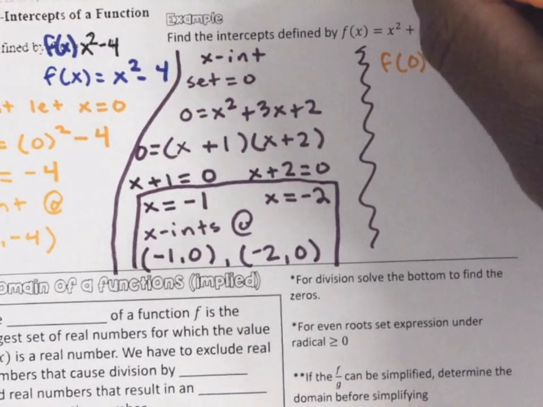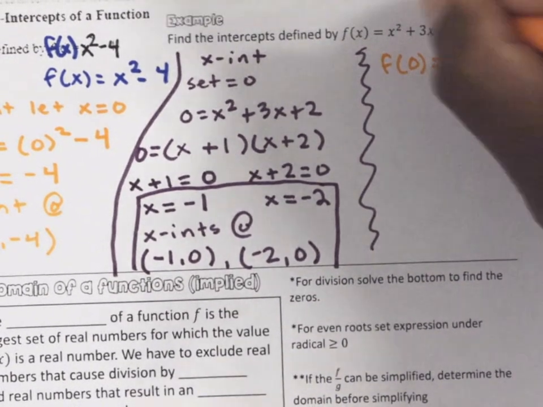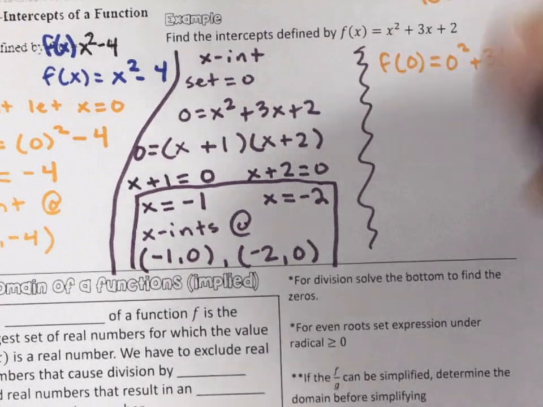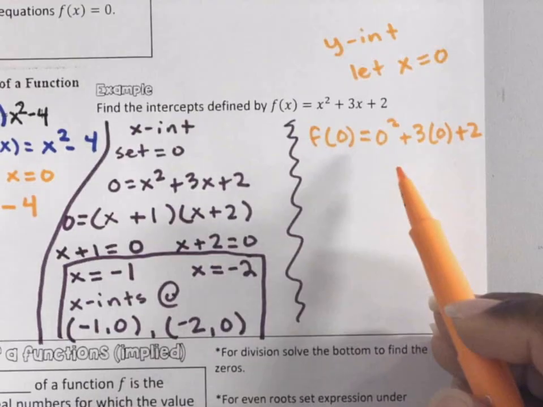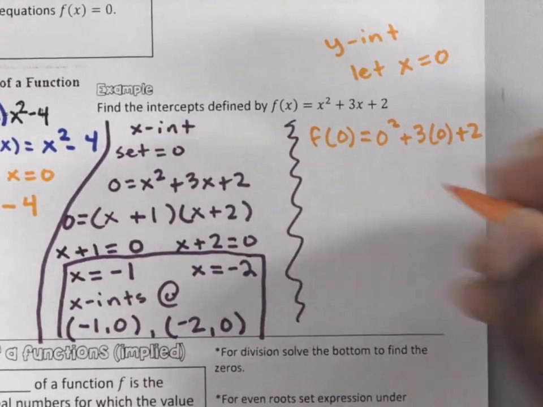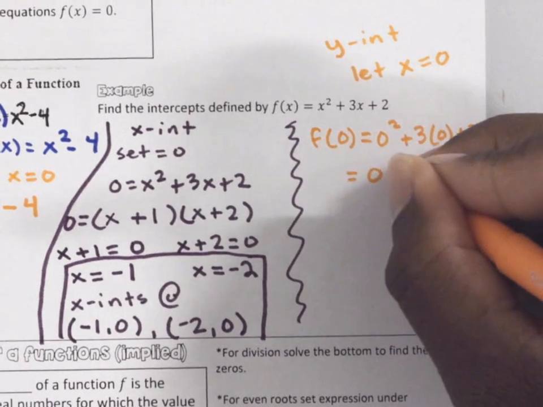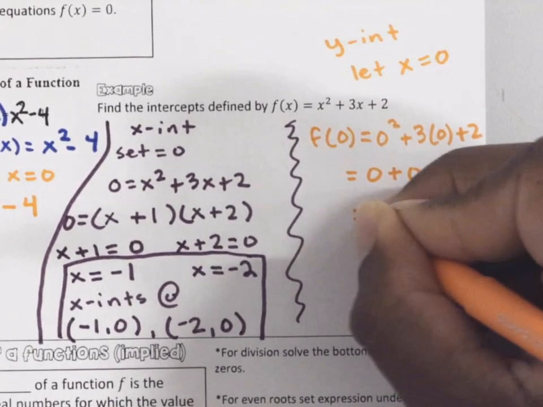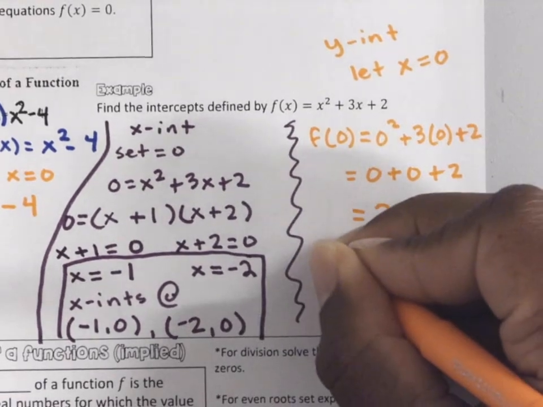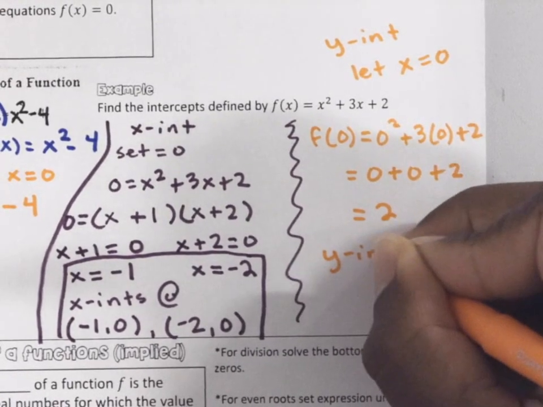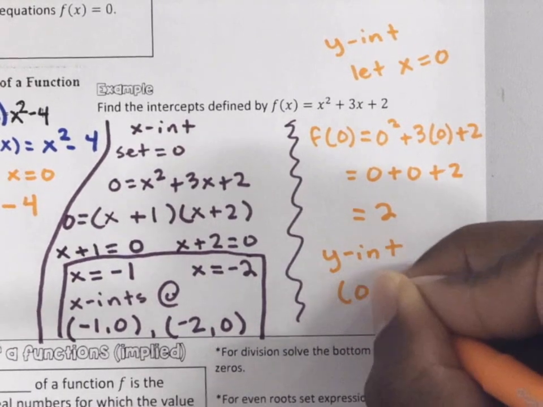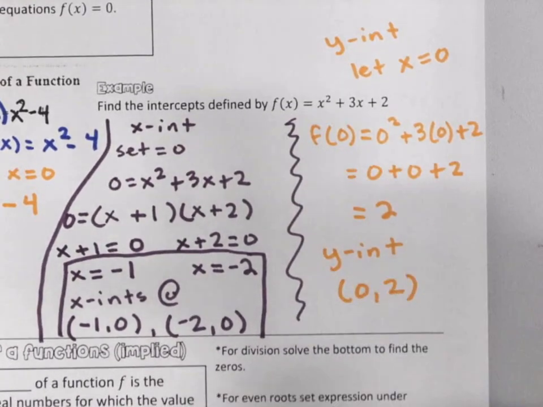We were finding the y-intercept, so we let x equal 0, which is what I did right here. 0 plus 0 plus 2 equals 2. Y-intercept at (0, 2).